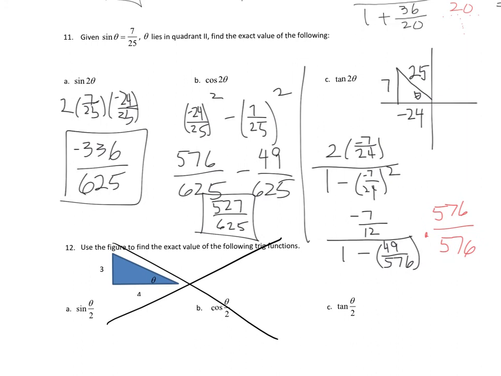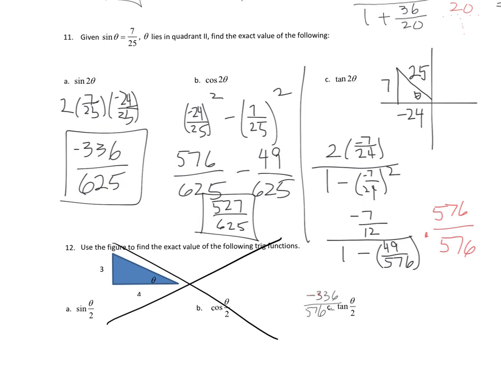And that's going to give us, first, as we distribute this in, 576 over 12 reduces to 48. So now I'm going to do 48 times 7, which then gives us negative 336, divided by 576 distributed in to both of those. 576 to the 1 is 576, minus 576 into here cancels.